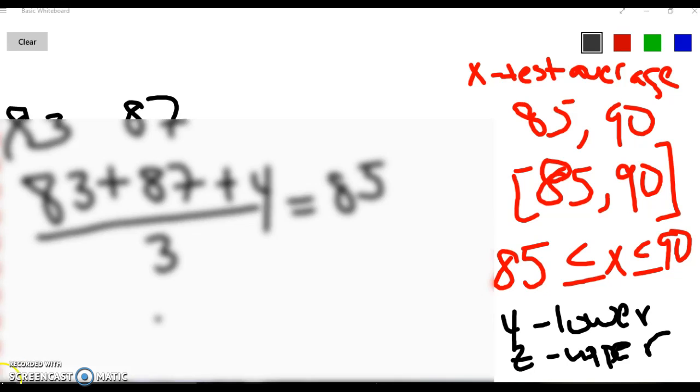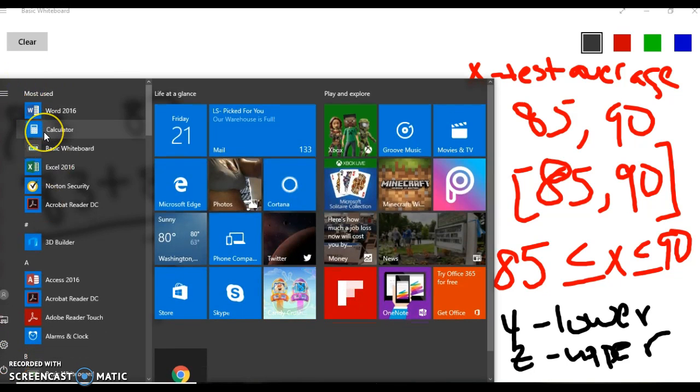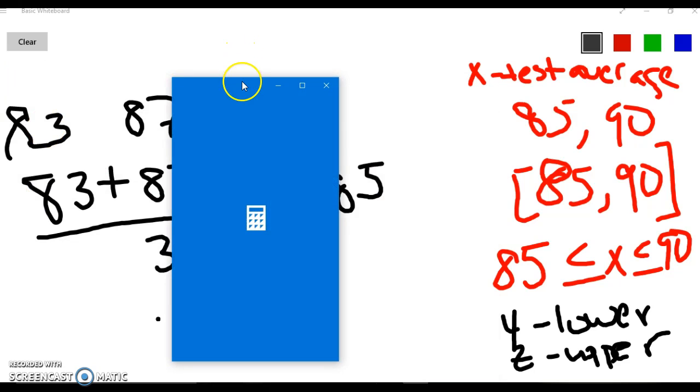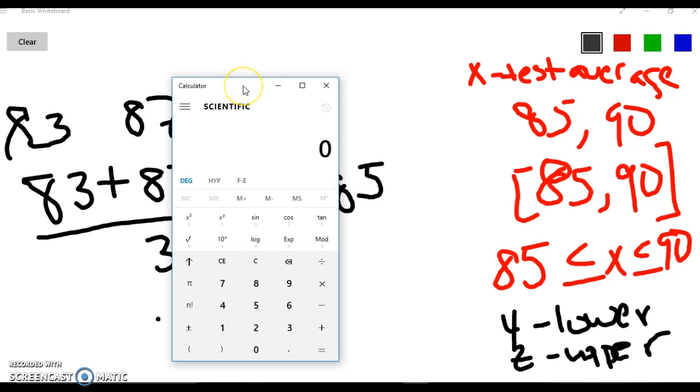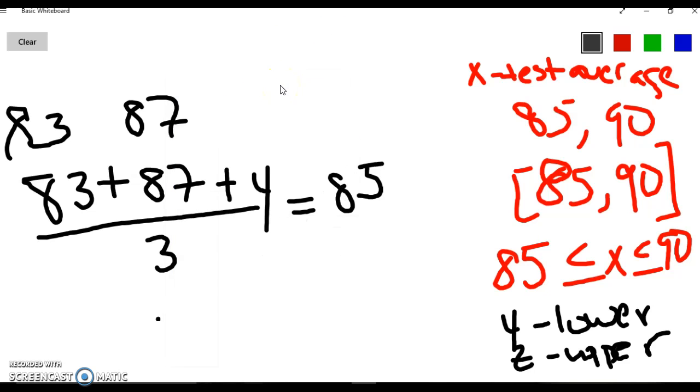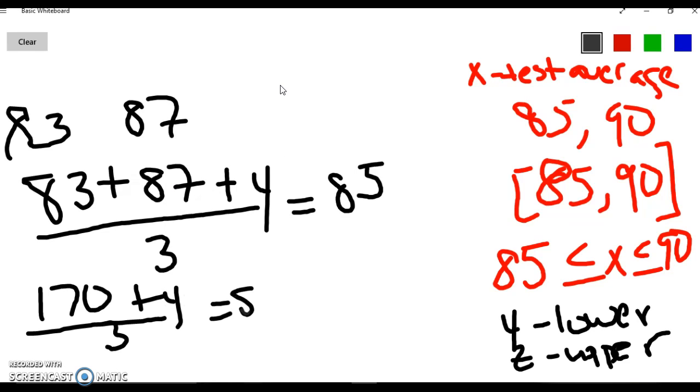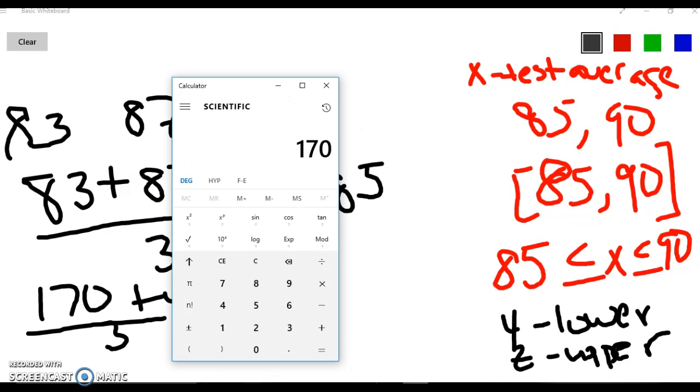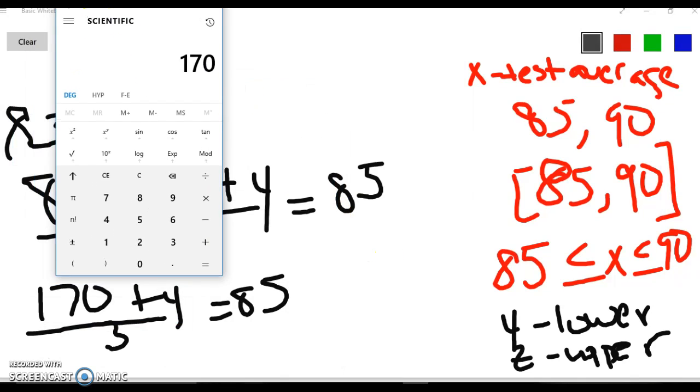I'm going to pull up my calculator. So first I'm going to add 83 plus 87, and I get 170. And I'm going to run out of space. 170 plus y divided by 3 equals 85. And then I'm going to multiply both sides by 3.